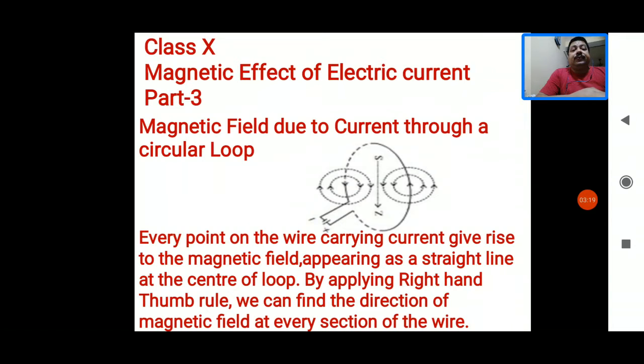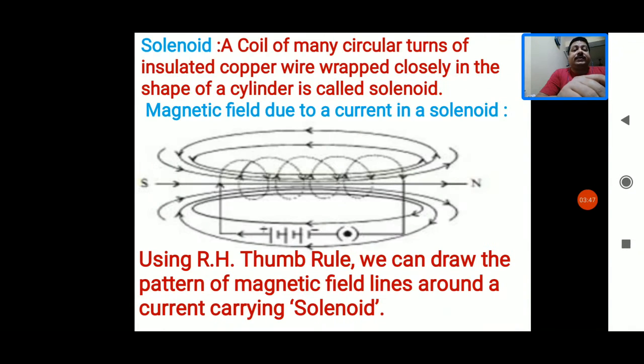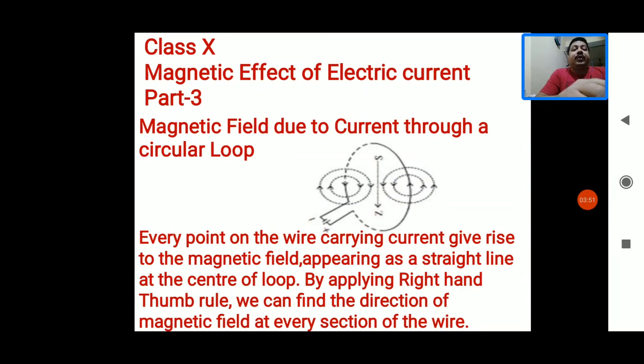We know that every point on the wire carrying current gives rise to a magnetic field appearing as a straight line at the center of the loop. By applying the right hand thumb rule, we can find the direction of the magnetic field at every section of the wire. We have here 2 points.